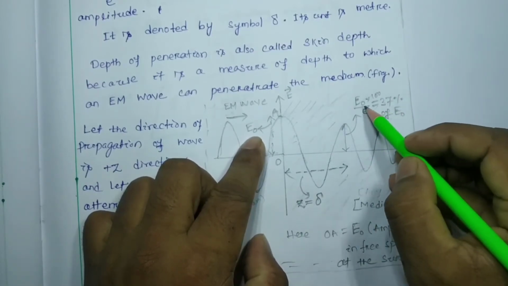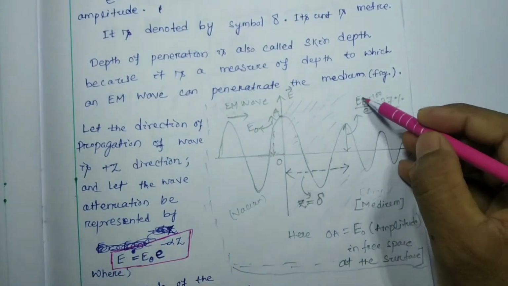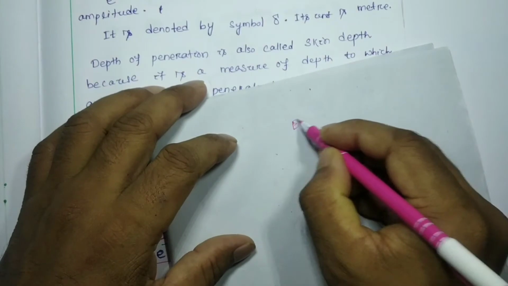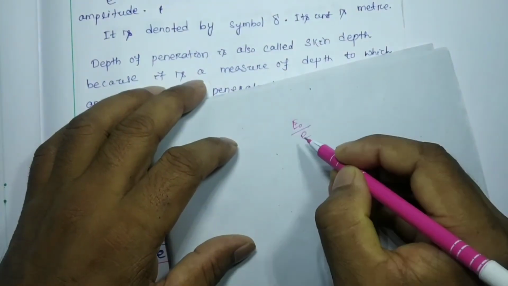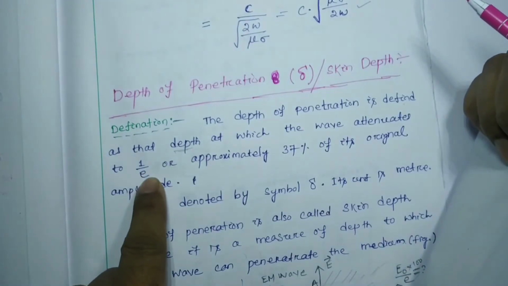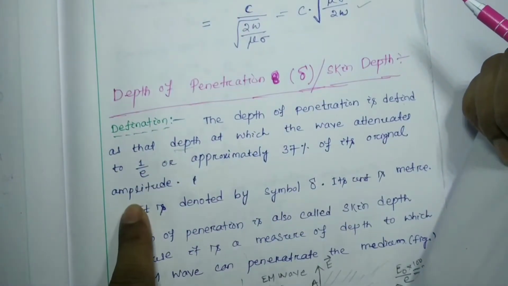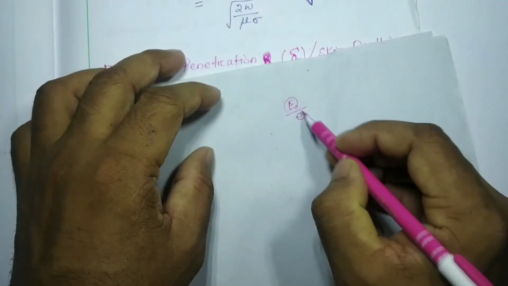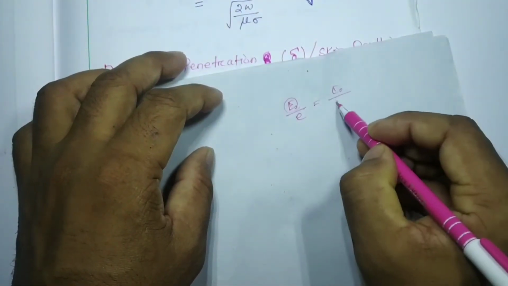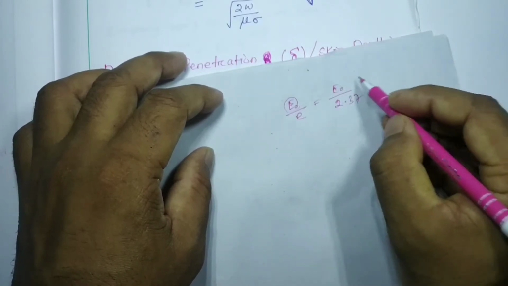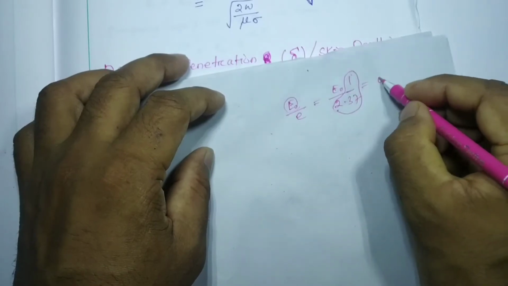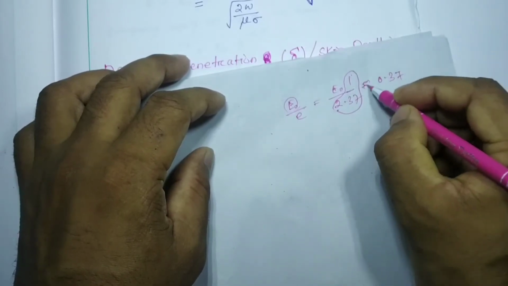That is, E0 by e, 1 by e times its original amplitude, and the value of e is around 2.718, so 1 by e is approximately 0.37.